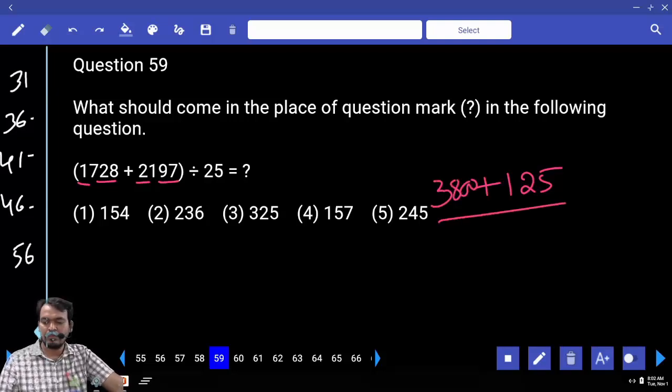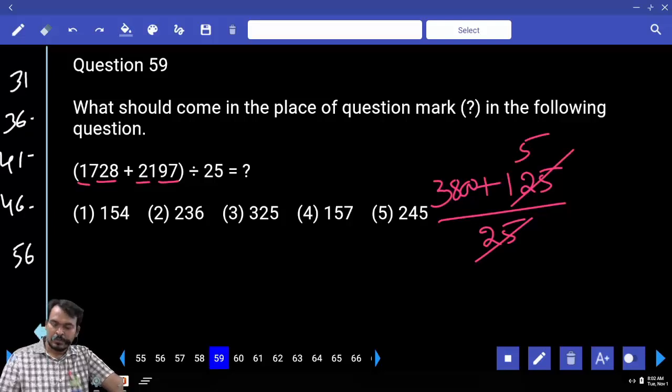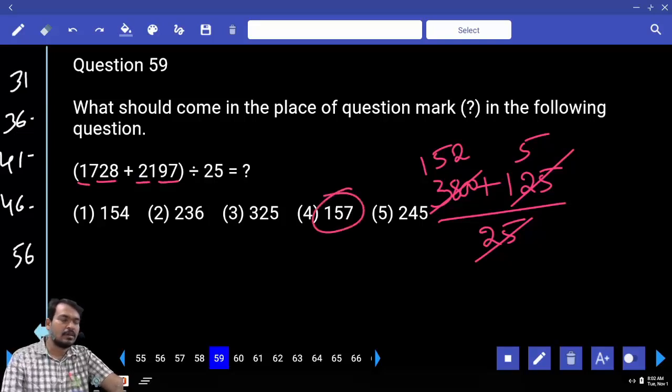Divide by which one? 25. 25 how many times 125? 5 times. 25 one time. What is the remaining value? 130, or not? 130 means 5 times. Again 2 times, or not? 152 plus 5 means 157. Both are adding, divide by 25.